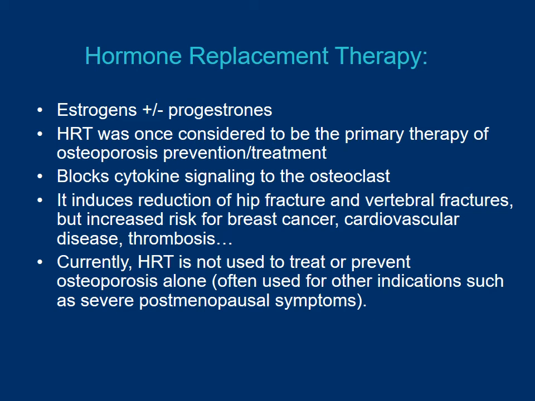Hormone replacement therapy is not currently used to treat or prevent osteoporosis alone, but is often indicated for severe postmenopausal symptoms, to control the climacteric symptoms in women under 50 years who have gone through an early menopause.